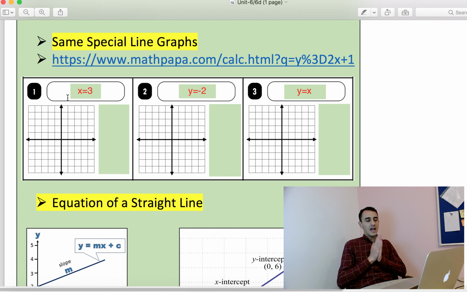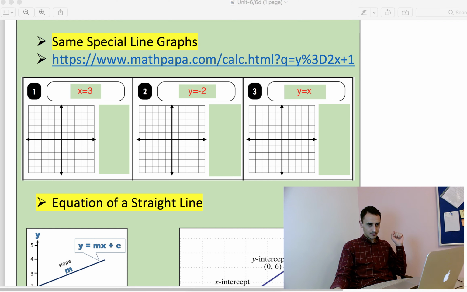You see, x can't change. We don't have any y even here. X is fixed on number 3. X is always 3. So there is only one way to represent this equation, and that way is like this.